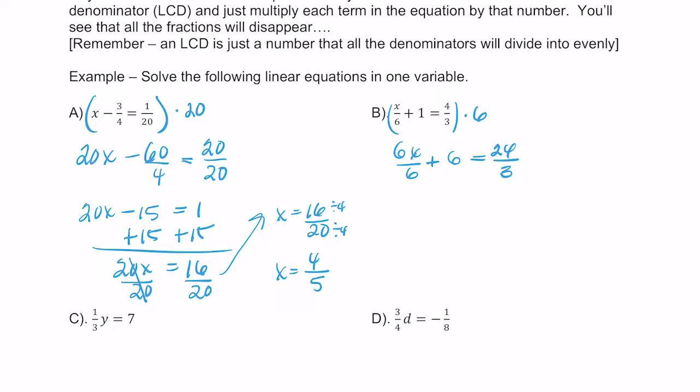In my next step, I'm going to simplify. 6 divided by 6 is 1, and you're left with 1x, plus 6 equals 24 divided by 3, which is 8. And now to solve for x, I'm going to subtract 6, and 8 minus 6 is 2.